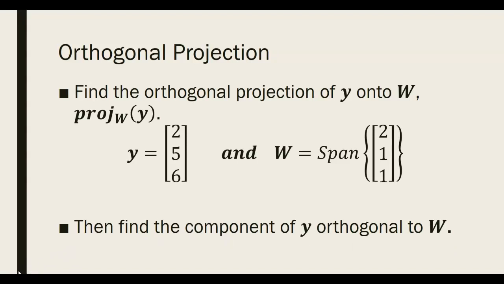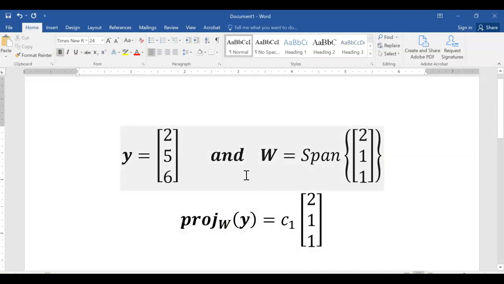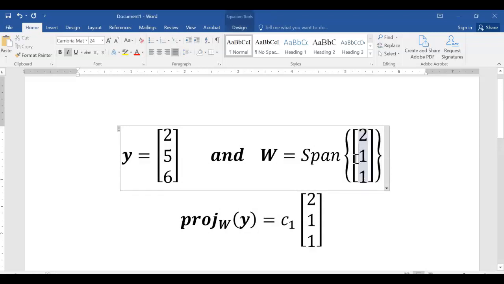Now, if you do this, this is a one-dimensional vector space. What I'm going to be trying to do, projecting onto W, is figure out a linear combination of this vector, so basically just a scalar times this vector, which is the component in that direction.